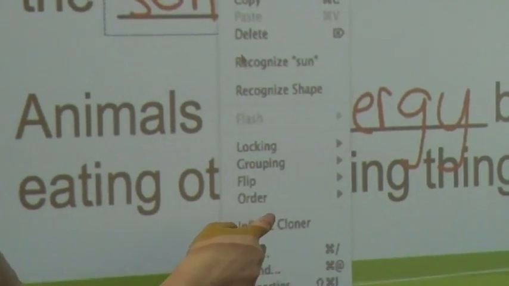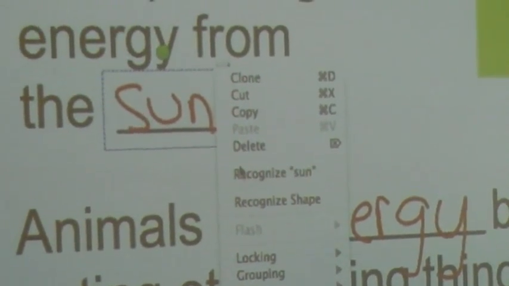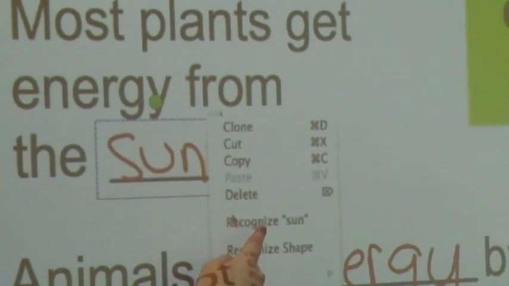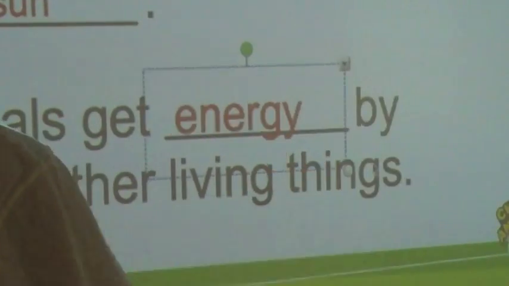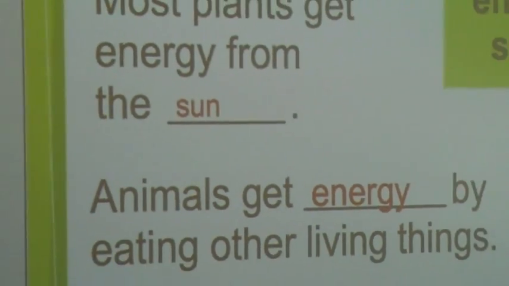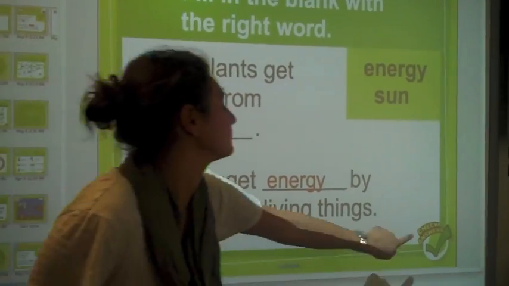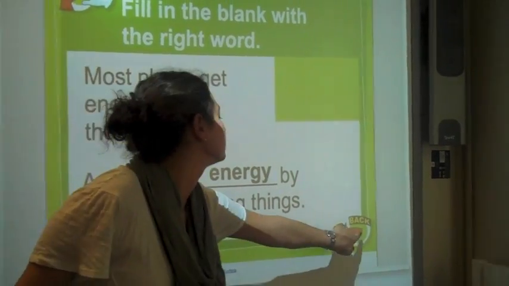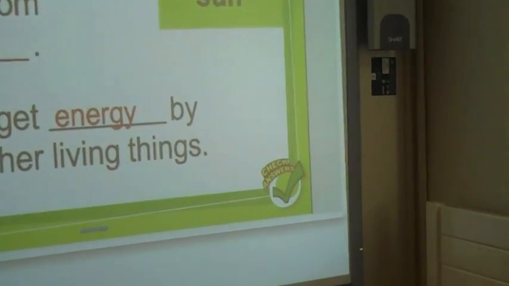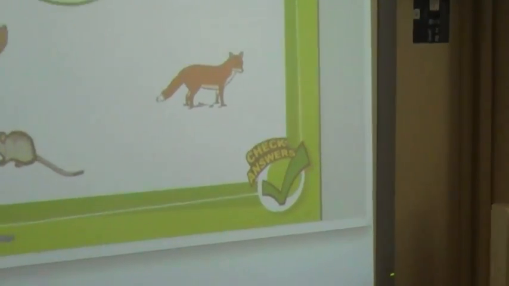We're going to recognize the word sun, having a little difficulty. And then it'll write the text out clearly. Same thing with energy. We're going to recognize energy, and now it's printed out clearly. So the second one, animals get energy by eating other living things. And you can use the check mark to check the answers.